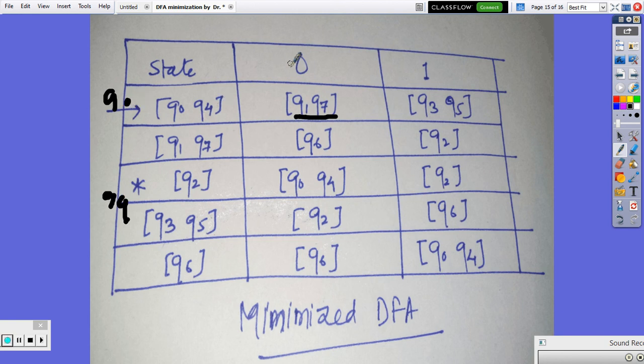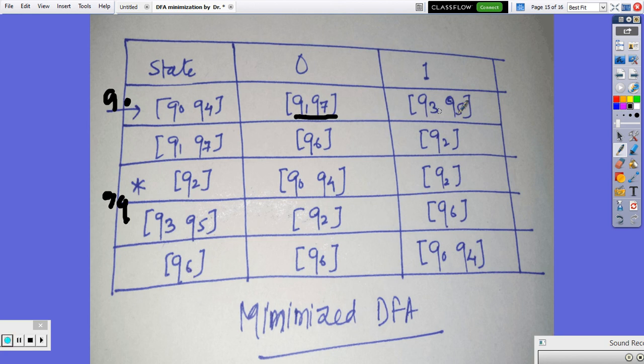When I read 0, I am reaching Q1 and Q7, so I will write here Q1, Q7. Similarly, on 1, Q0 reaches Q3 and Q4 reaches Q5. Similarly, I have to do this for all these rows.